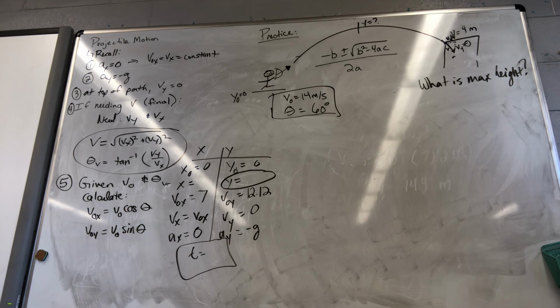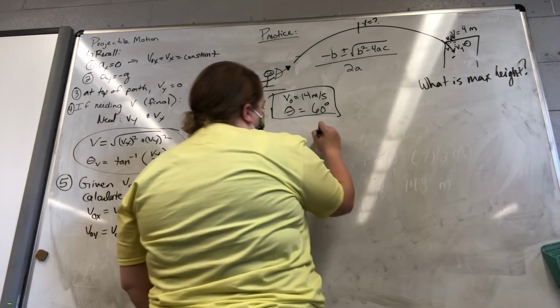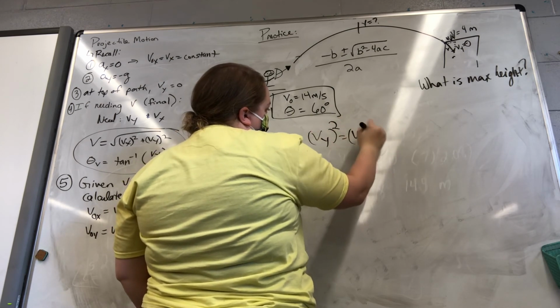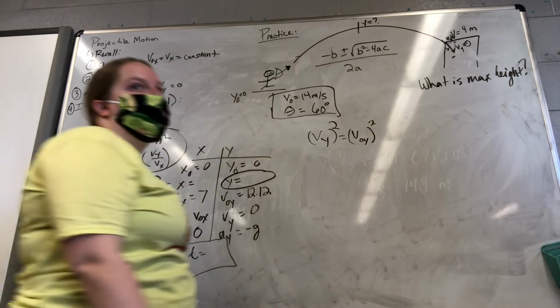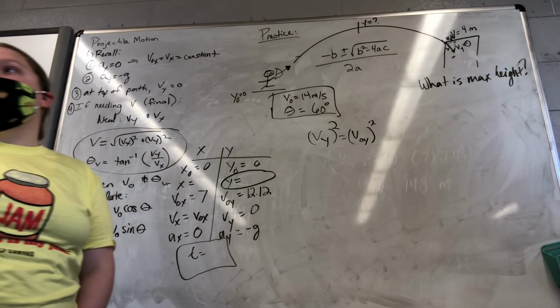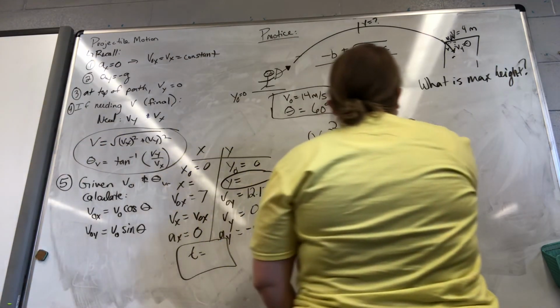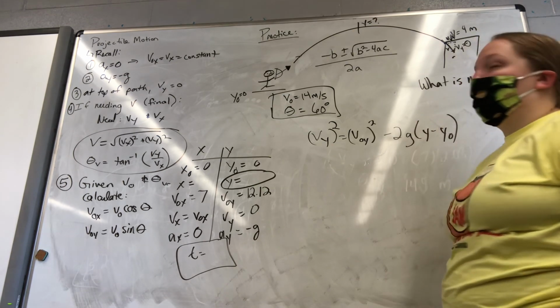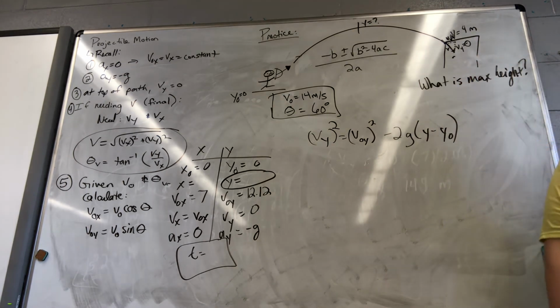So Vy squared equals V naught Y squared minus 2g times y minus y naught. What is that, the fifth one down? Yeah. Those of you that struggle with identifying equations, did you see why that's the only one we can use? Because it's the only one that doesn't have time, and we don't have time at this point.